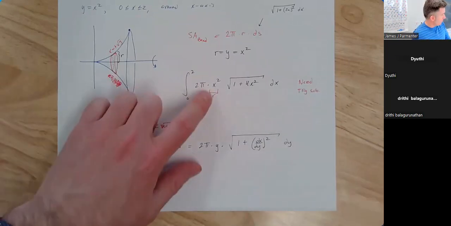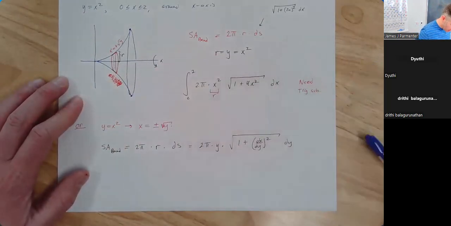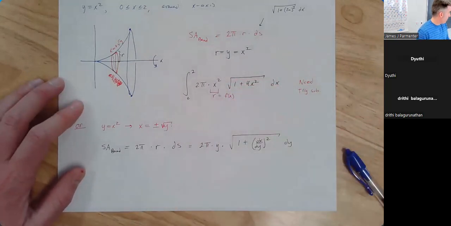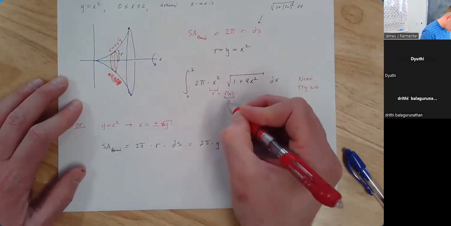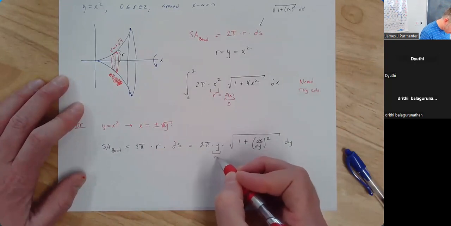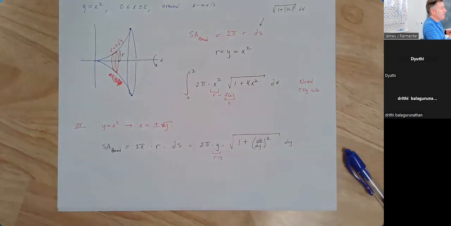When we did it in terms of x around the x-axis, the radius was whatever the function was, y equal to f of x. But when we go in terms of y, the radius is just y. So in both instances, you're using the same thing for the radius. It's just that in one of them, you have to use the variable y, and in the other, you have to use what y is equal to as a function of x. But you have the option of doing either one whenever you want. It just depends on what makes the most sense.